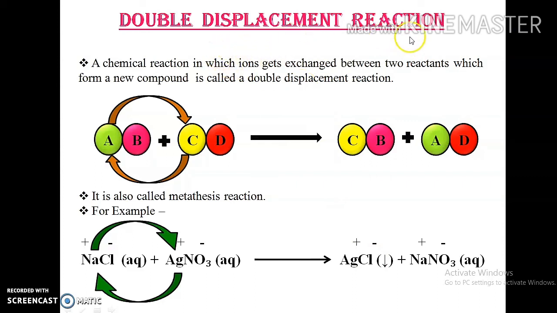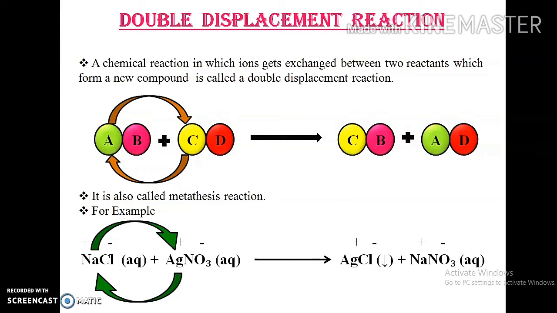Now, double displacement reaction. A chemical reaction in which ions get exchanged between two reactants to form new compounds is called a double displacement reaction. Here you can see AB is one reactant and CD is another reactant, and the ions get exchanged among themselves. A negative and a positive ion cannot exchange simultaneously.